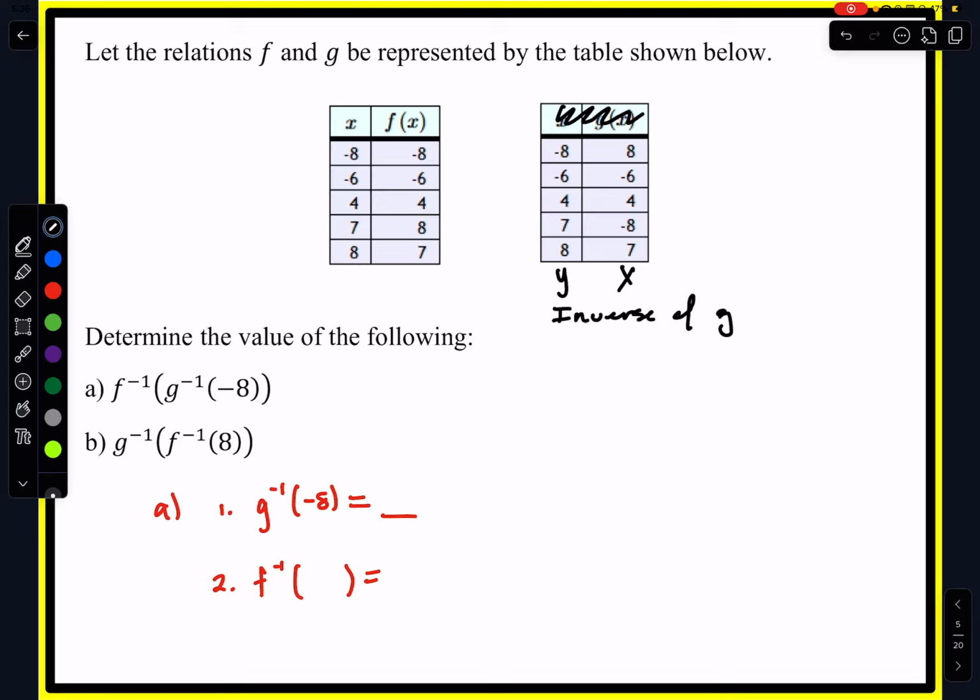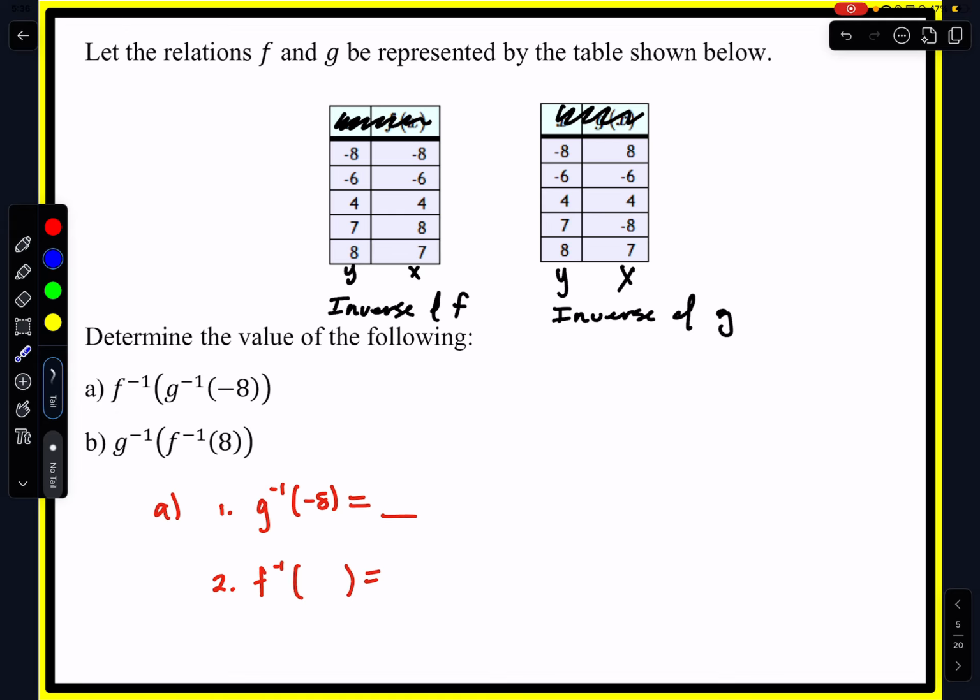And the same thing with f. So instead of creating a new table where we simply switch the x and y's, we just switch the labels. This will be the y, this would be the x for the inverse of f. So let's look at what the value is right here.